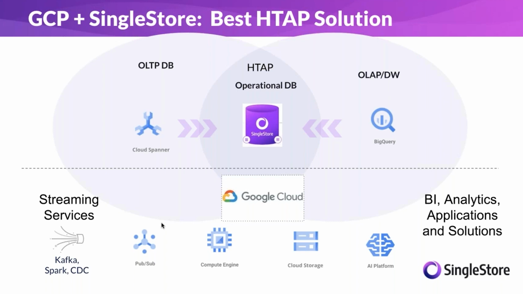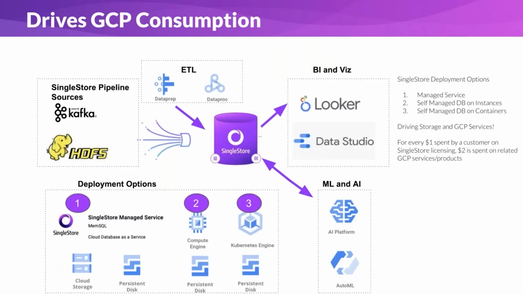So we do complement and you leverage AI, cloud storage, the traditional pub sub and compute engine. We're very excited about our partnership with Google. This is just a slide that shows SingleStore working in the Google ecosystem, also with one of our most exciting partners, Looker, to be able to do visualization and BI, to do ML and AI.